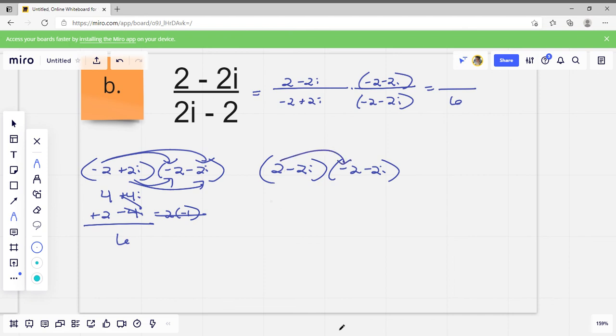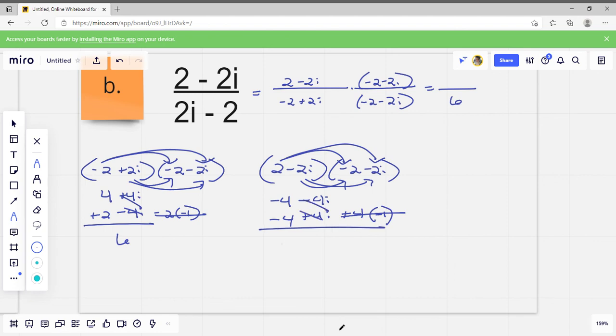2 times 2 is 4. That would be negative 4. 2 times 2 is 4. That will be negative 4i. That will be our positive 4i. That will be positive 4 times negative 1. i times i is i squared, which is negative 1, which would be negative 4.